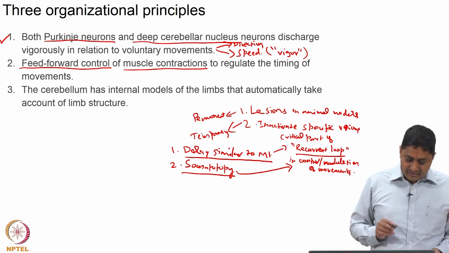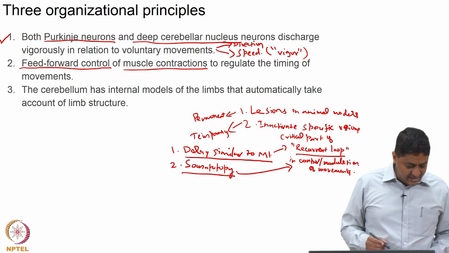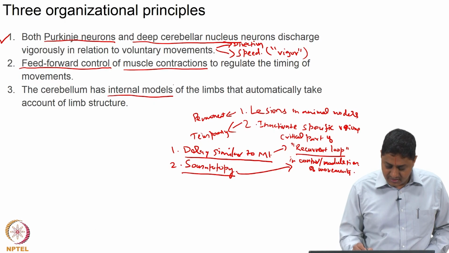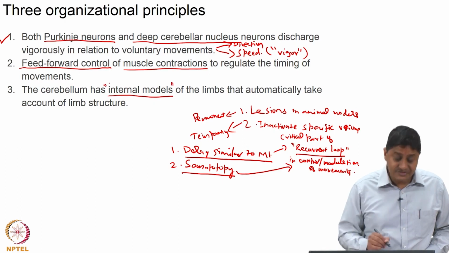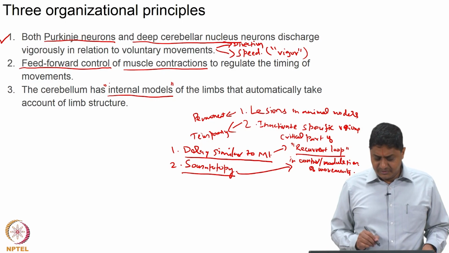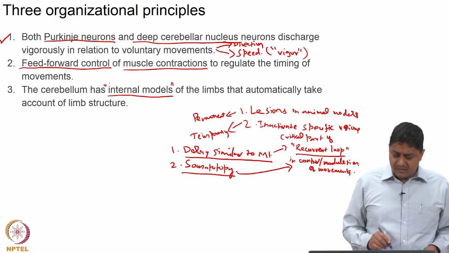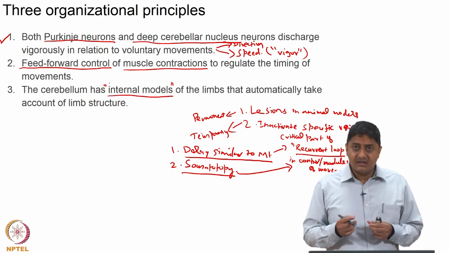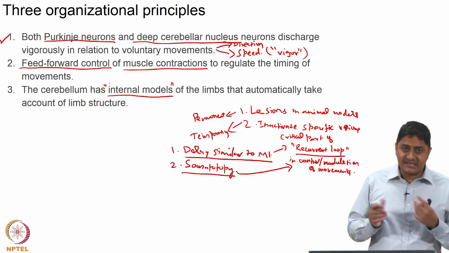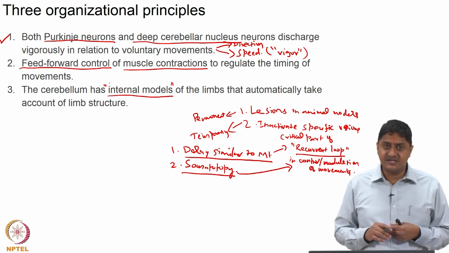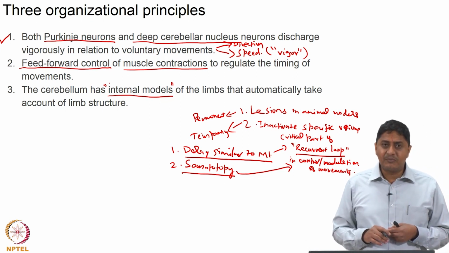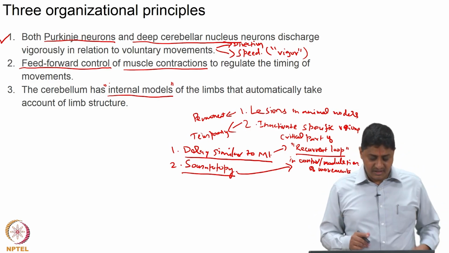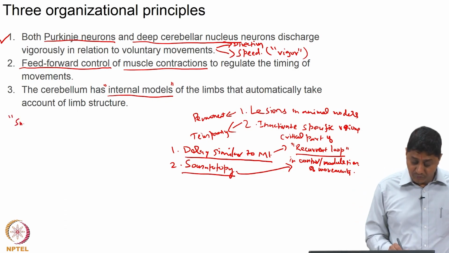Okay. Then the third is a controversial claim that the cerebellum has internal models, I am putting it in quotes. So in some sense at least the following is known, that when you are making a movement, the limb structure and the dynamics, the mechanics associated with the movement must be properly accounted for to ensure that the movements are smooth.